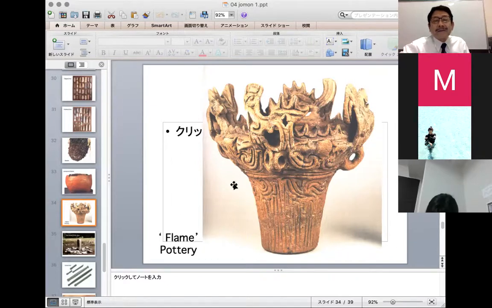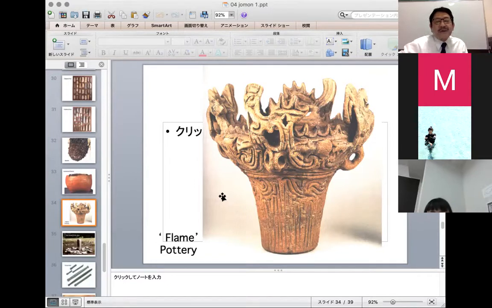Even this kind of over-decorated pottery was used on fire for daily use. It's very hard to use. You don't want to stick your hands into this pointy decoration. But these were daily use cooking pots, and the reason why they made this kind of over decoration will be discussed later too.